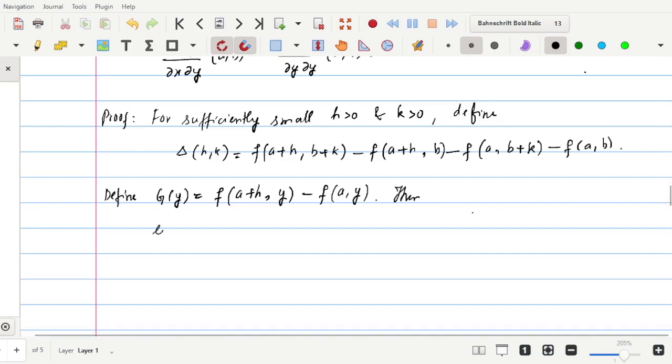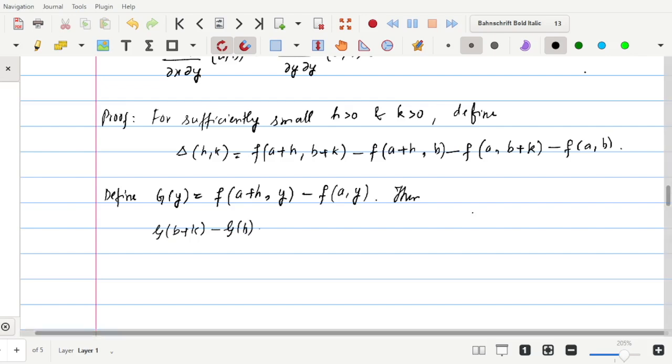Then g(b+k) minus g(b) is equal to, first of all, g(b+k): we have to replace y by b+k everywhere. So we get f(a+h, b+k) minus f(a, b+k).